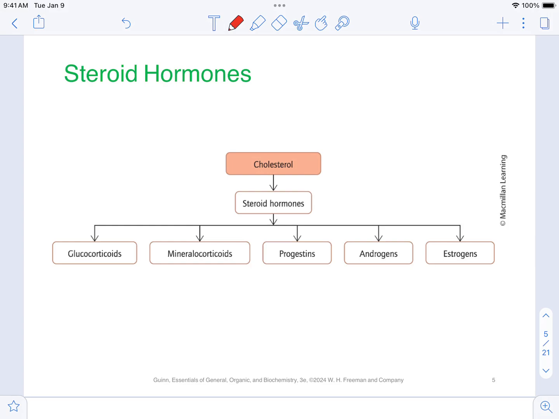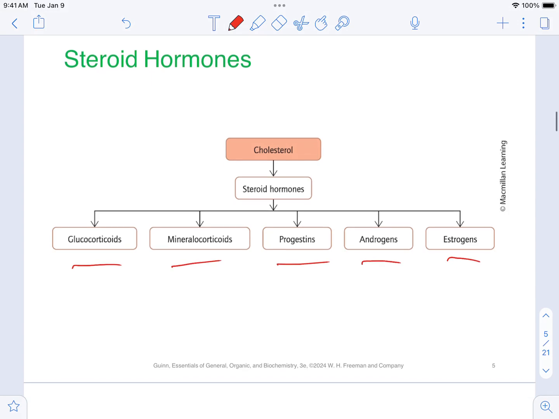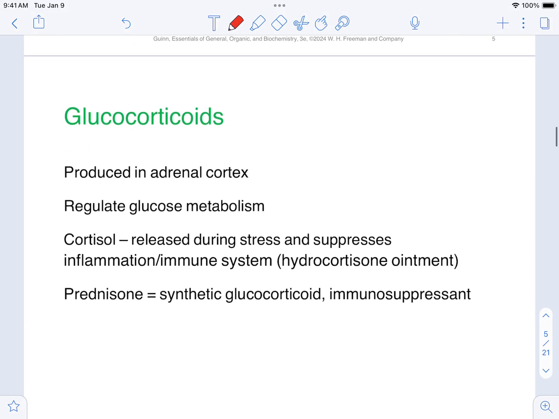Steroid hormones, there are 5 classes of these, and they are listed below here. We will go into each of them a little bit. The first one, glucocorticoids. These are produced in the adrenal cortex.